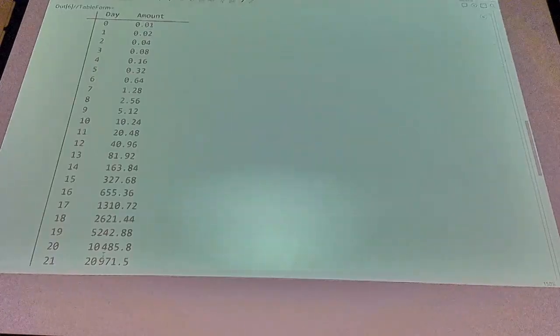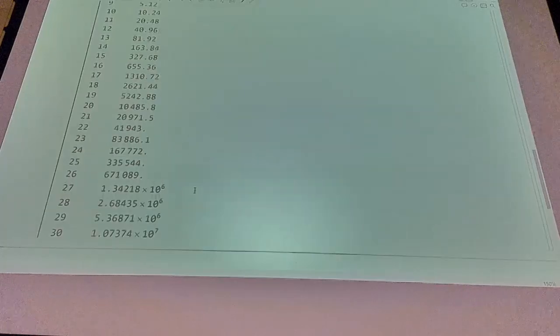So first 10 days, $10. Second 10 days, it's an increase of just over $10,000. 10 to the 6th is $1 million.